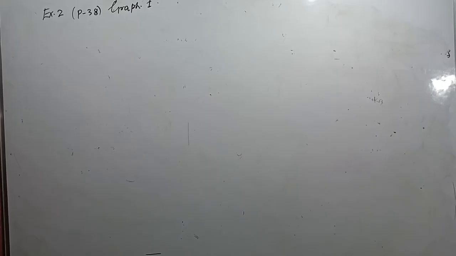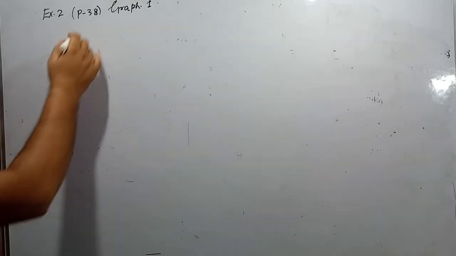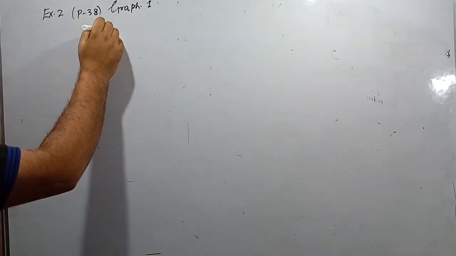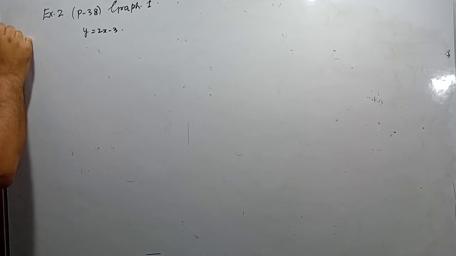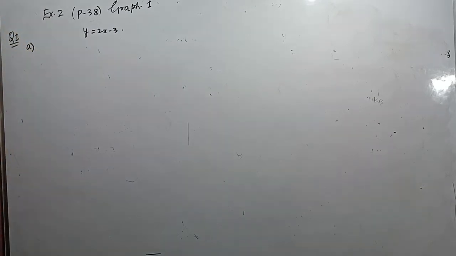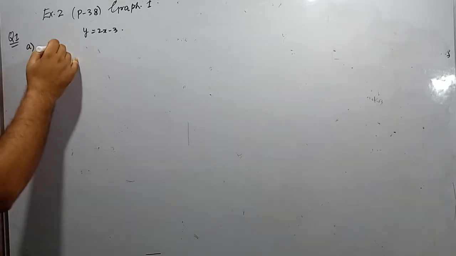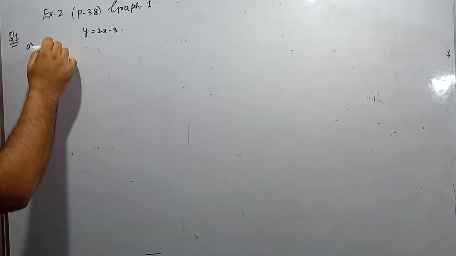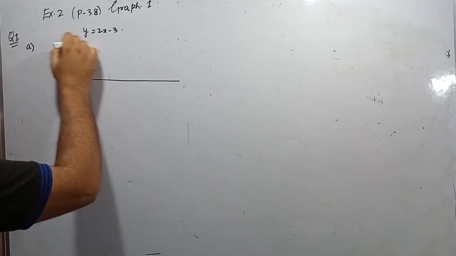Now see exercise 2, it's page number 38. Copy and complete the table of values for y equals 2x minus 3. This is the first question, and part A is we have to complete the table. There is a table given here. In the first row there are values of x.